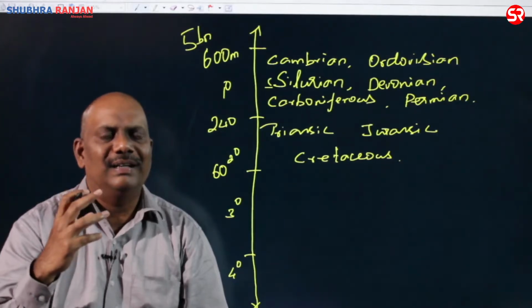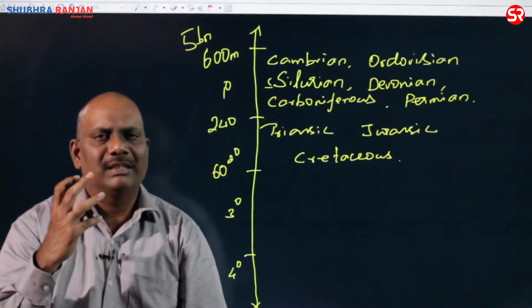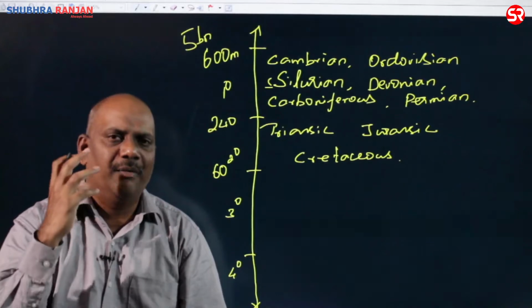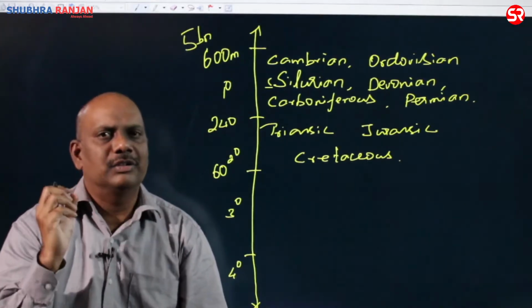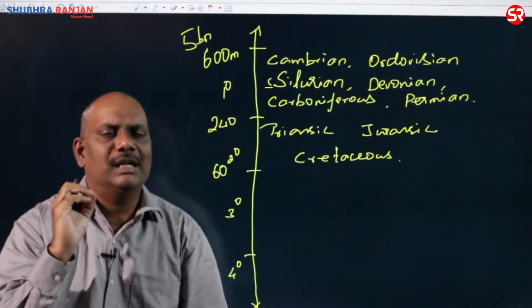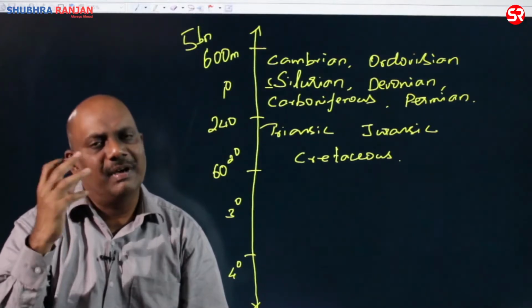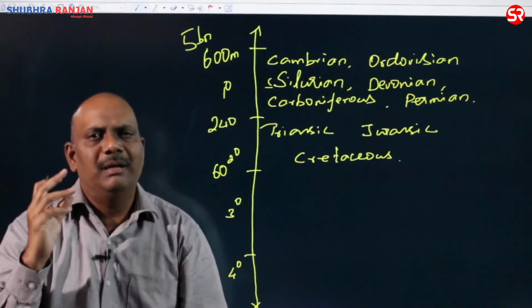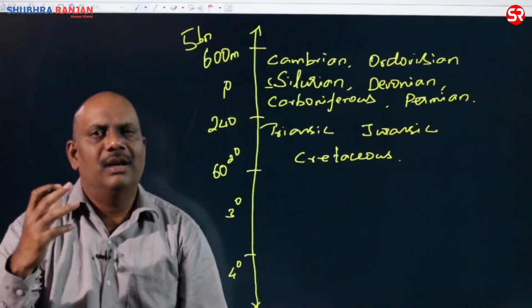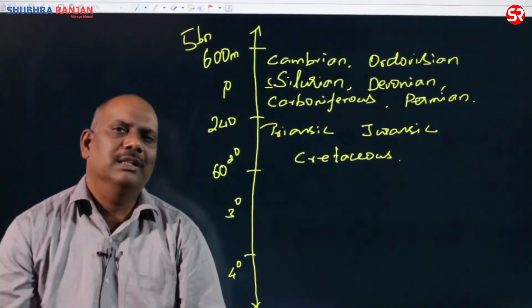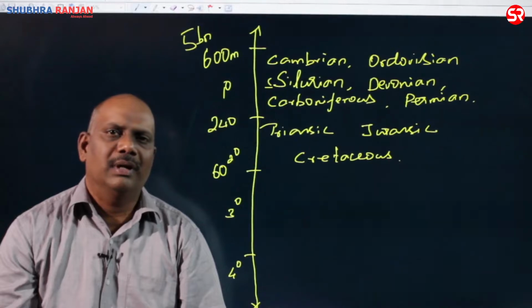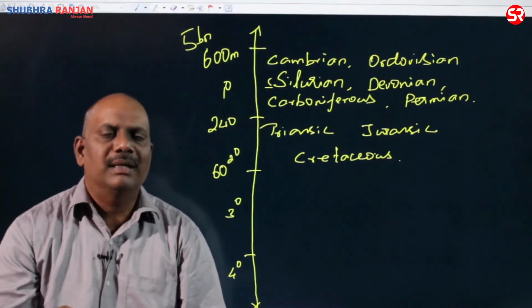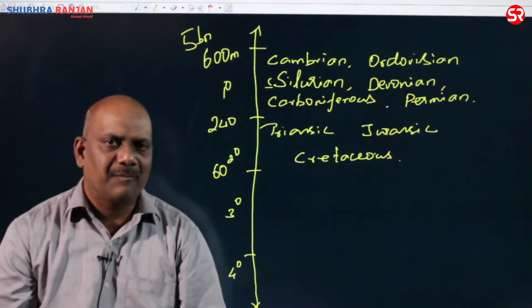That created a number of issues which led to the extinction of not just dinosaurs. 70% of the species on the earth vanished. It took close to 15 million years for the larger organisms to come back on the earth's surface. So that is the importance of the Cretaceous period.